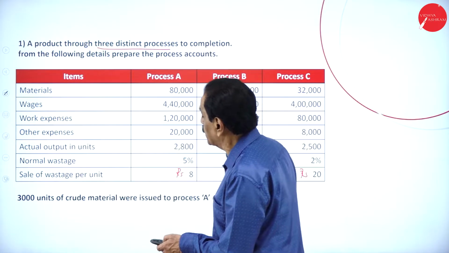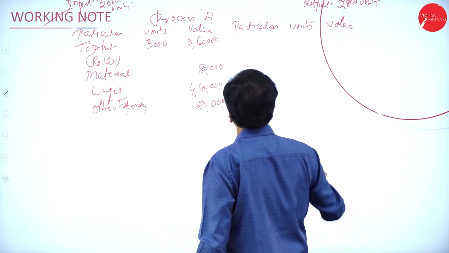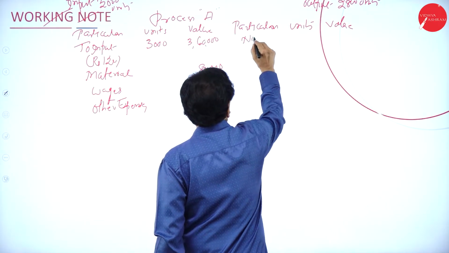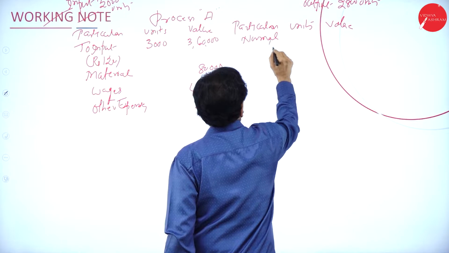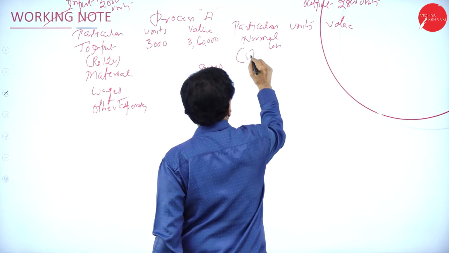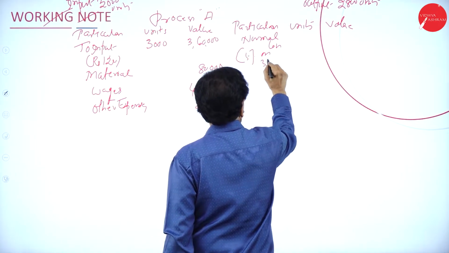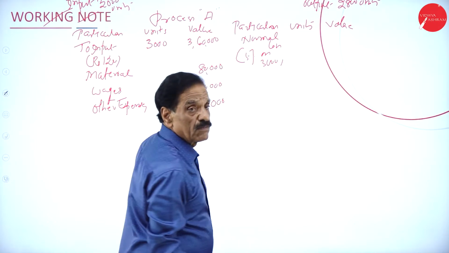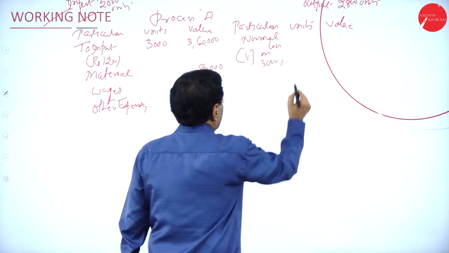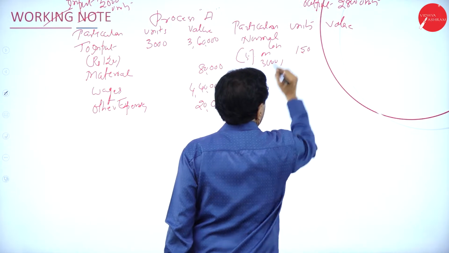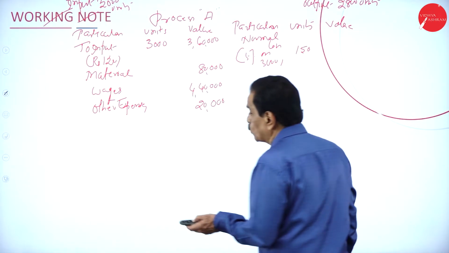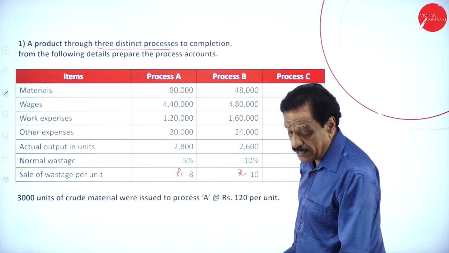What's your normal loss? Normal is 5%. By normal loss, 5% on 3,000 units. 5 by 100, so 150 units. So, per unit have been sold at rupees 8.